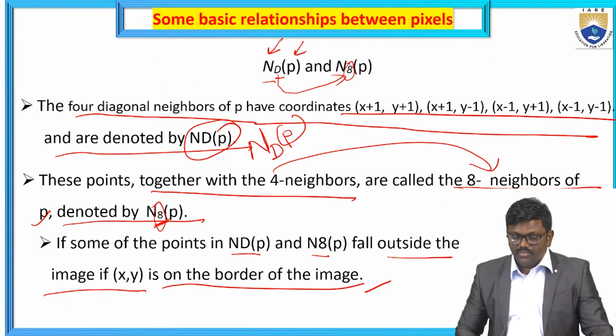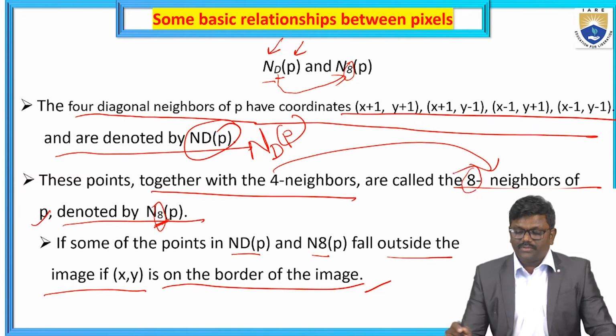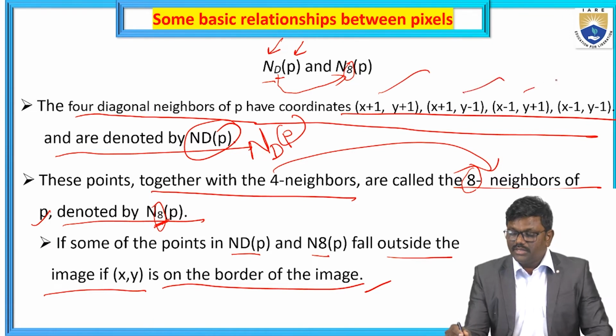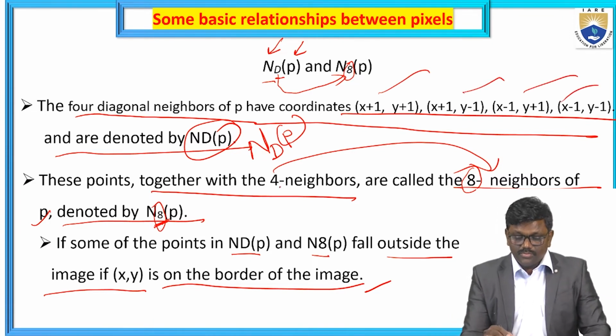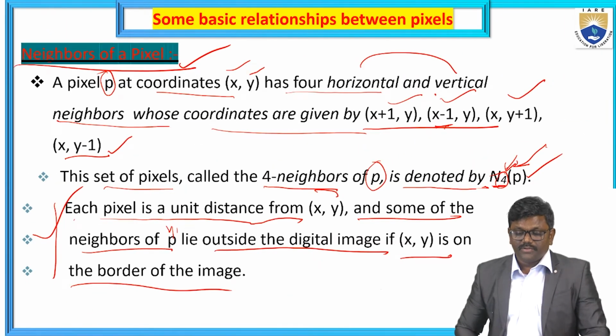See here, what is this? If you see these 8 neighbors, what do I mean by 8 neighbors? We are varying these relationships diagonally, from 4 neighbors to 8 neighbors.